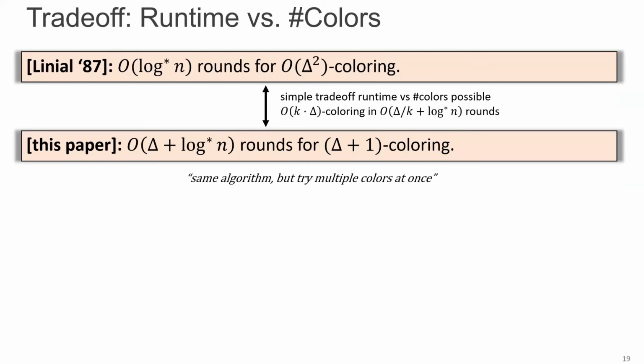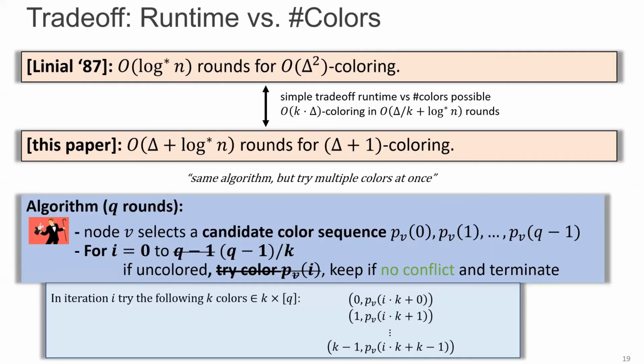What we show in the paper is that you can also do a trade-off between Linial's algorithm and the algorithm that I just talked about. You can compute an order of k times delta coloring in delta over k rounds. My message here is you just use the same algorithm, but you try multiple colors at once. You take your sequence, and instead of trying one color, you try the next k colors in your sequence.